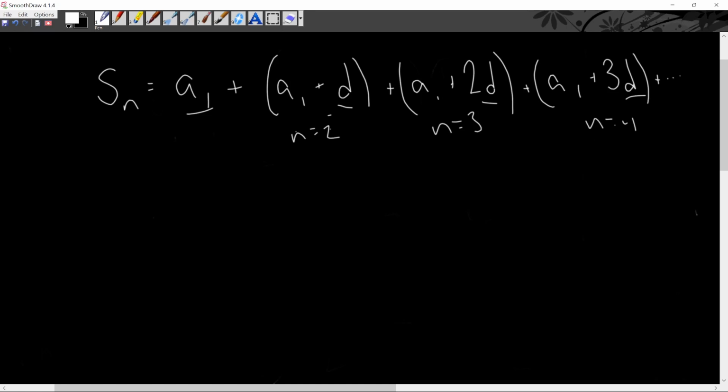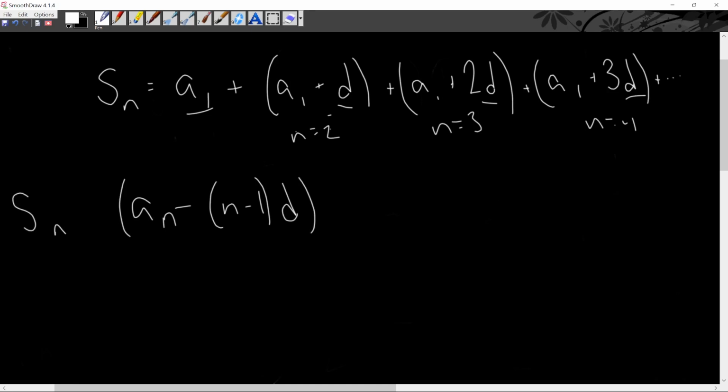And you add up to a1 plus n minus 1 times d, even though I would say that's relatively obvious because you're summing up to n. So you're going to stop at that term, n minus 1 times d. And this is just another way of writing what we originally had, a sub n equals a1 plus n minus 1 times d.